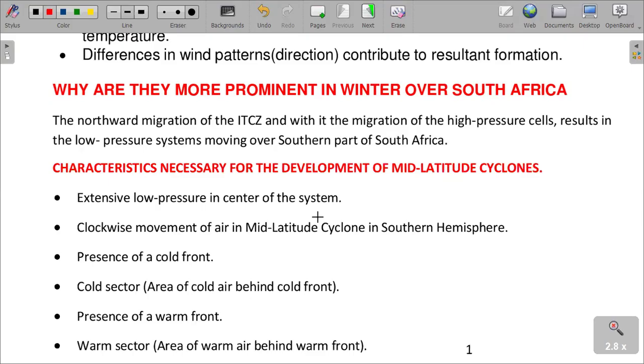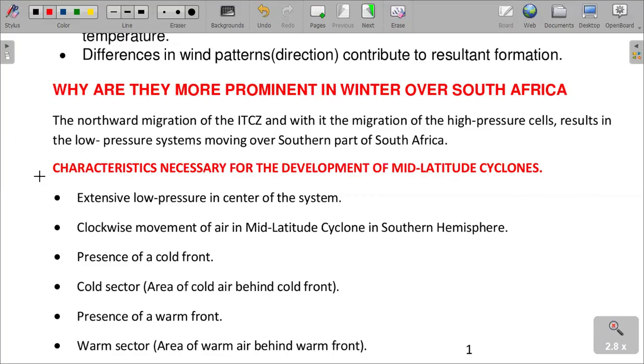The ITCZ migrates, and with it, the migration of the high pressure cells results in the low pressure systems moving over the southern part of South Africa. When I explained the concept of ITCZ, I explained that it is not stationary, it migrates. So with that in mind, you are able to understand why we have such prominent and dominant mid-latitude cyclones over South Africa.